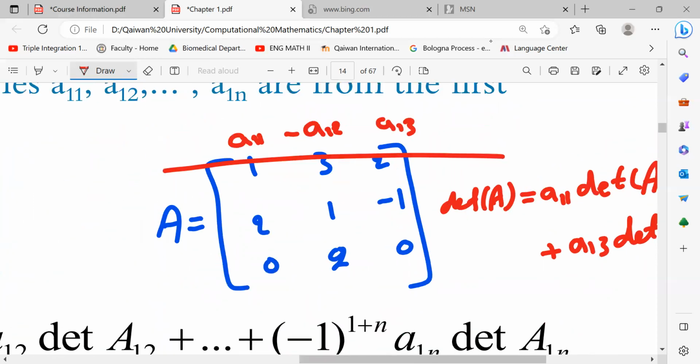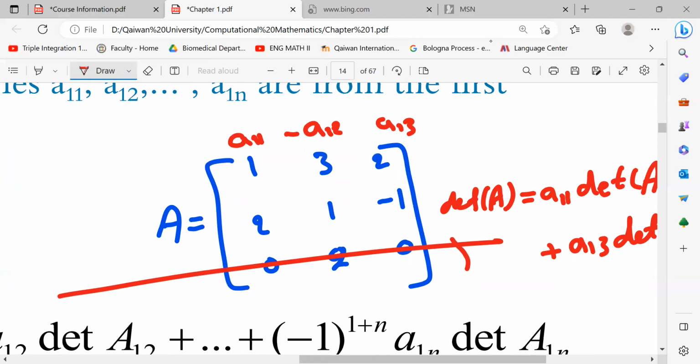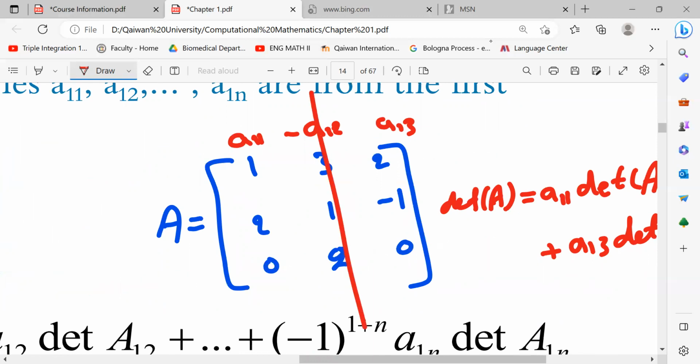That is if someone takes the first row to work on for finding the determinant. So what if someone takes this row? Or what if someone takes this column? It's possible.